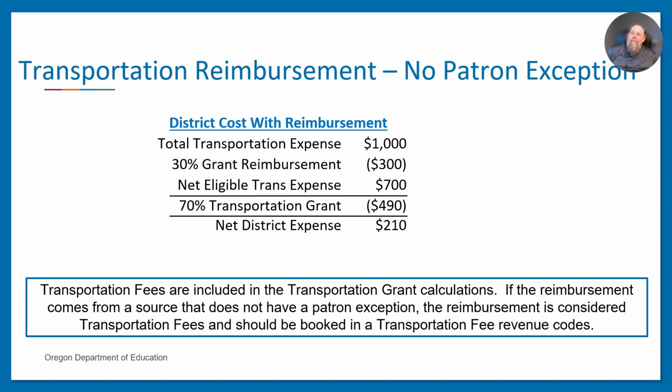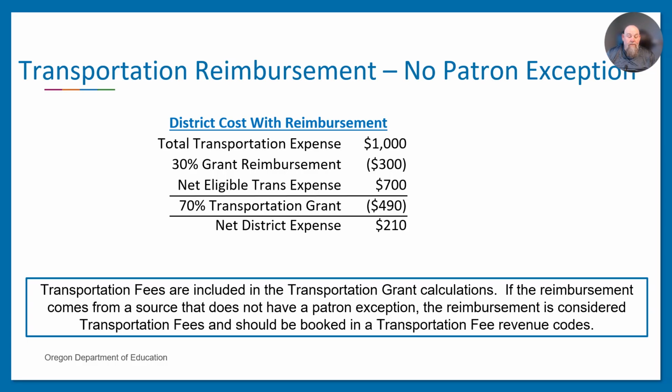Now, if I get a reimbursement from somebody else, why should I bother if it's not going to give me a full reimbursement? Well, it's still going to help. Okay, so let's talk about that same $1,000 trip, right? What happens is you get $300, and so you record that in one of those 1411, 1412, 1413, 1420 codes, right? And when that happens, we're reducing your total expenditure. So now your net eligible transportation expenditures are only $700.